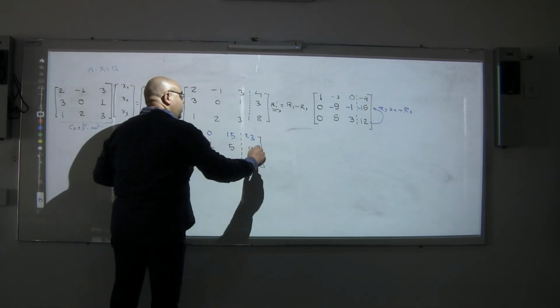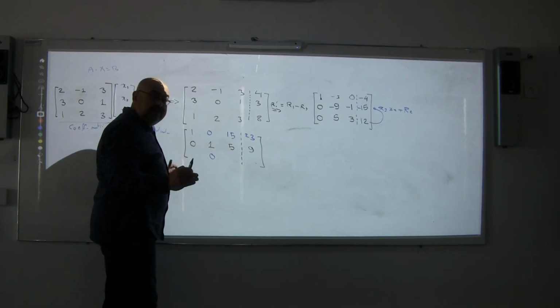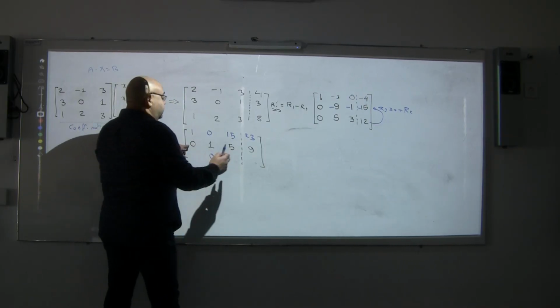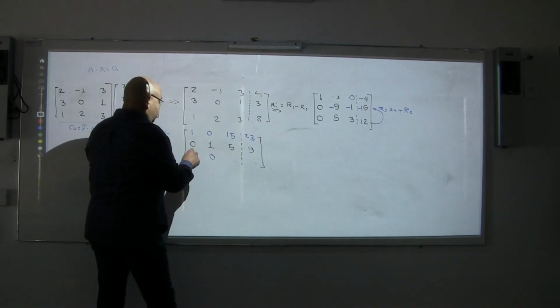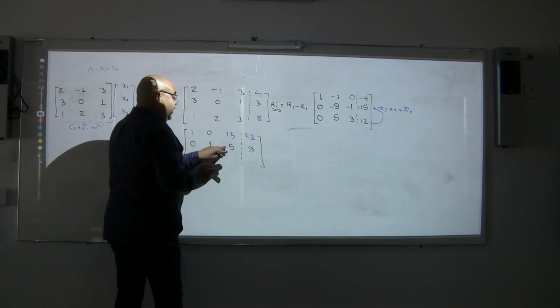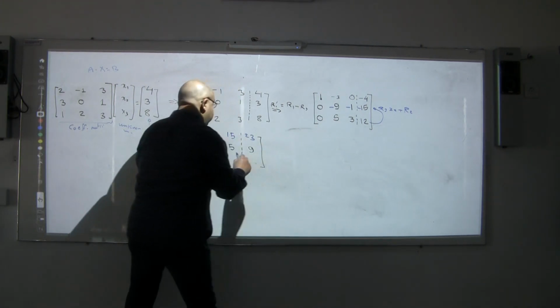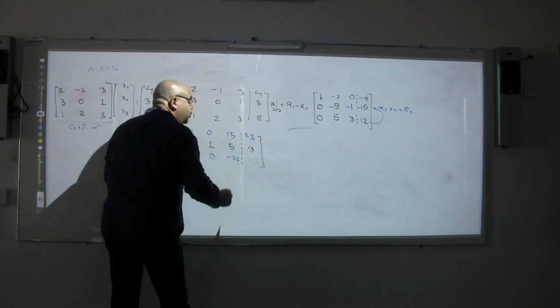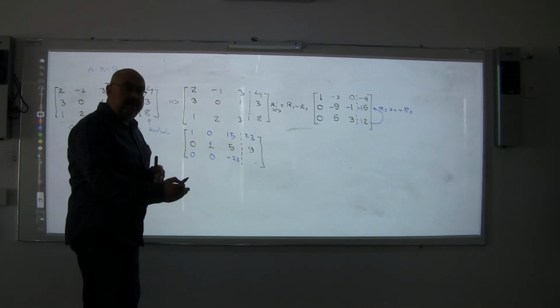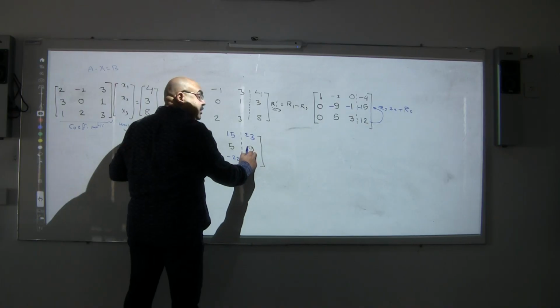In a similar manner, I need this number to be 0. So I will multiply all of this row by negative 5. And I will do it step by step. Negative 5 times 0 is equal to 0. Plus 0, 0. Negative 5 plus 5 is going to be 0. Negative 5 times 5, negative 25. Plus 3, so it's going to come up to negative 22. In a similar manner, multiplying by negative 5, it's going to be negative 40.